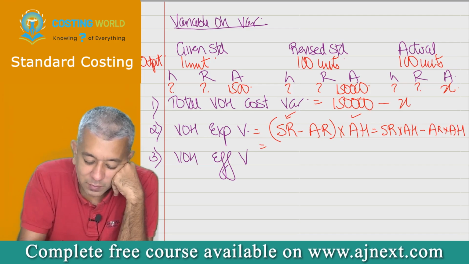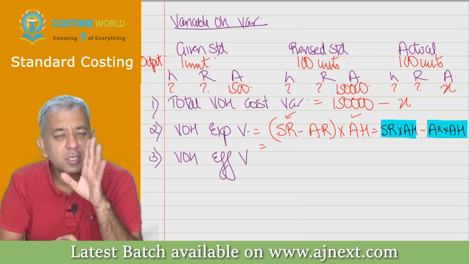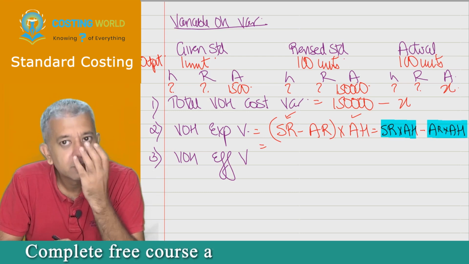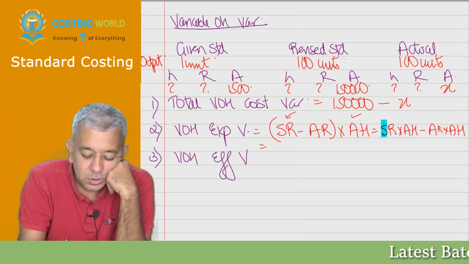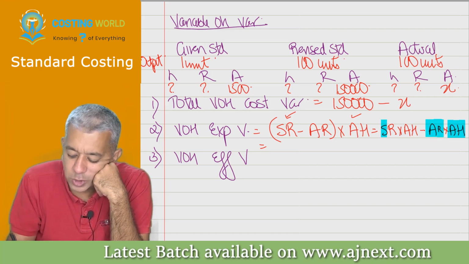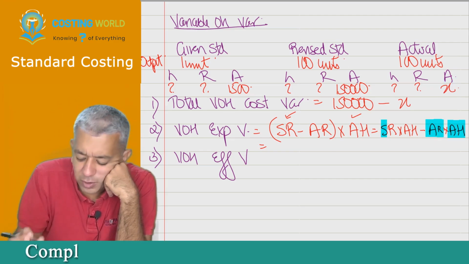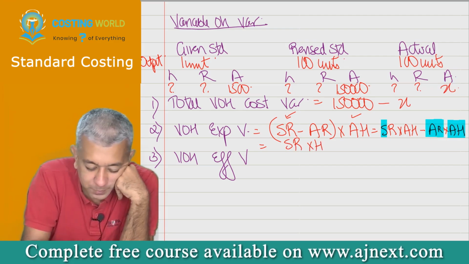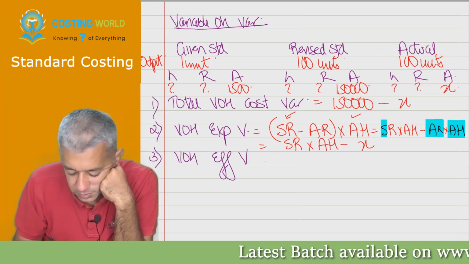Now tell me one thing, out of the first term and out of the second term, think which term at least you can write down something, might not be some number. Actual rate into actual hours will be this particular figure, no? So first term I leave it like that only because I cannot help it. So standard rate into actual hours minus X.